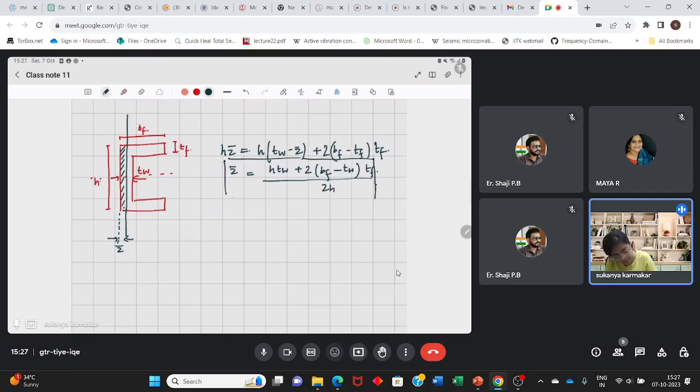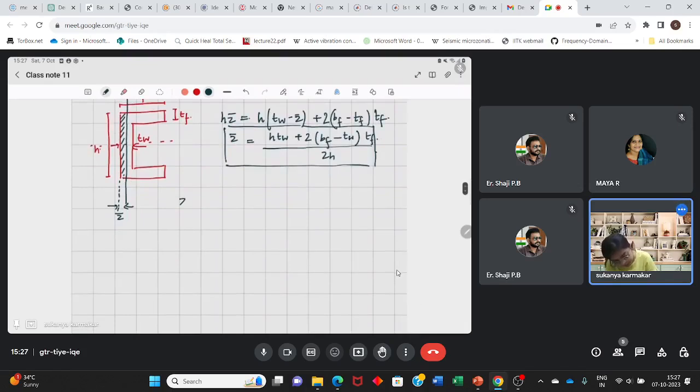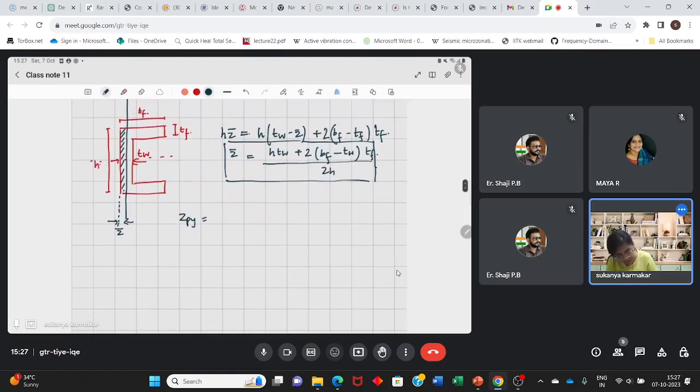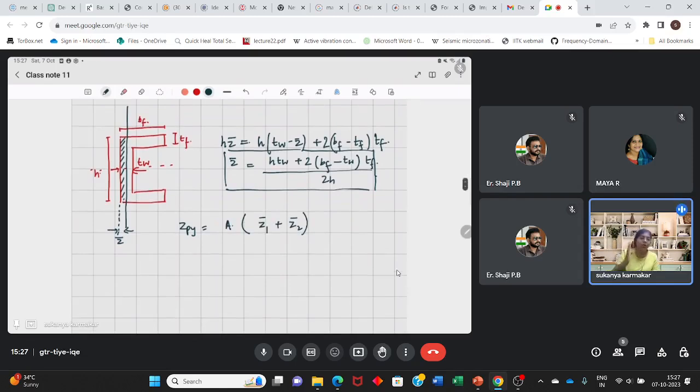Once you know the value of z bar, then you can easily calculate ZPY. How will you calculate it? ZPY is basically area into (z1 bar plus z2 bar). Basically, the area of the portion multiplied by the centroidal distance of that portion from the equal area axis.